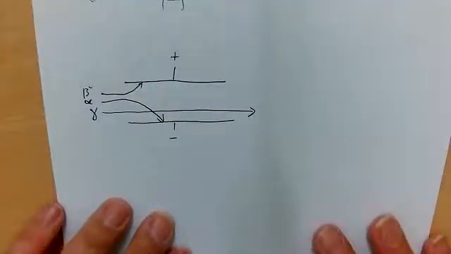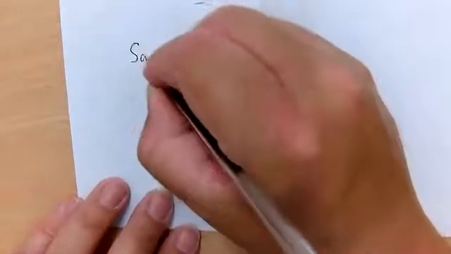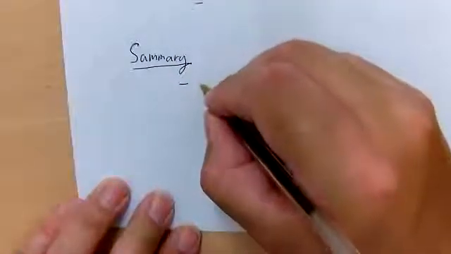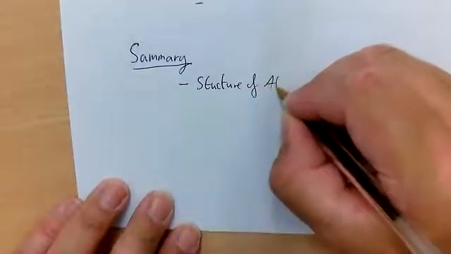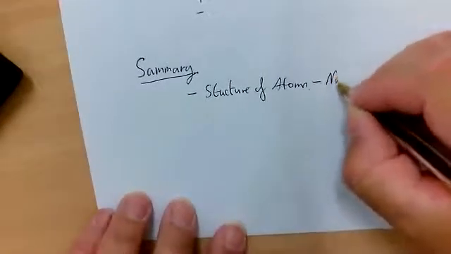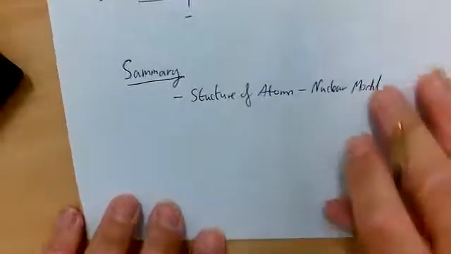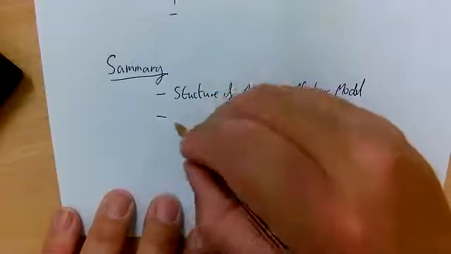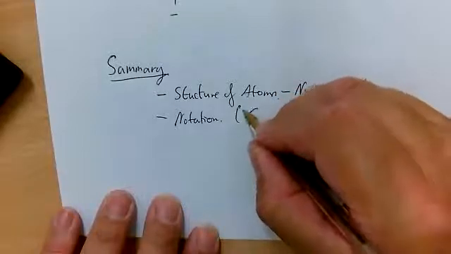So that's the overview. So what are we sort of taking home from this? Well, from our summary, we know about the structure of the atom, what's called the nuclear model. We know about the notation, for example, carbon 12.